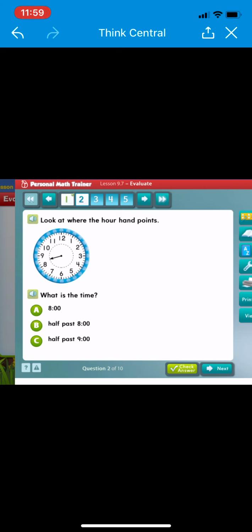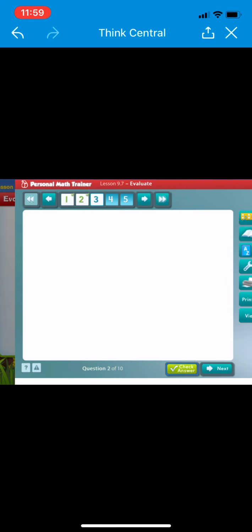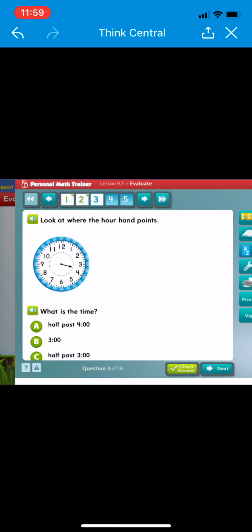What is the time? You did it! Look at where the hour hand points. What is the time? Great work!